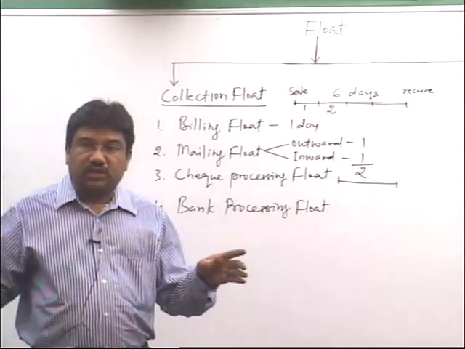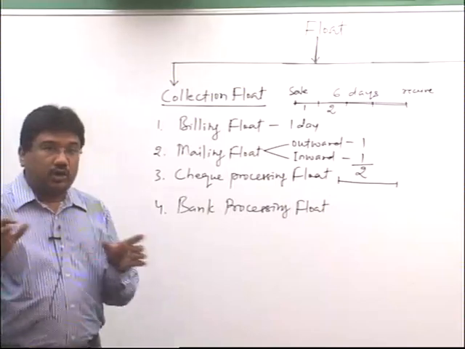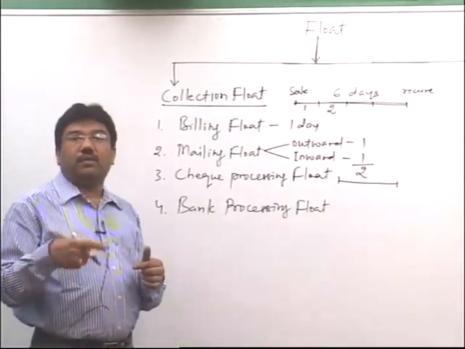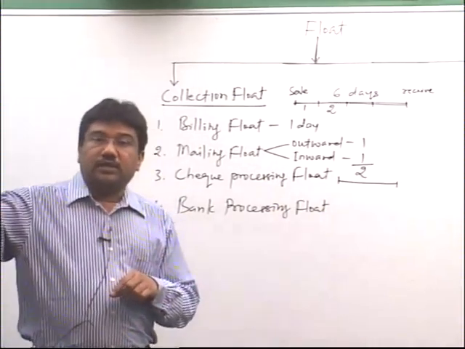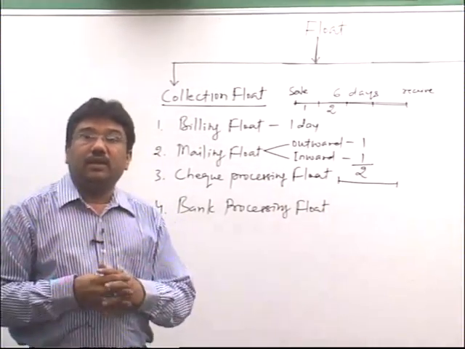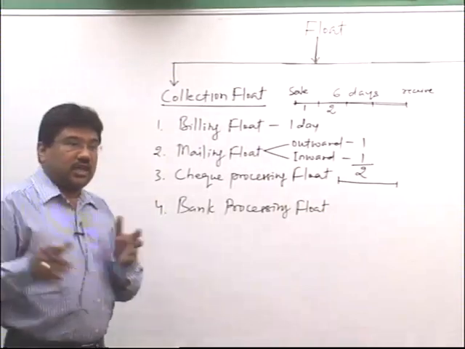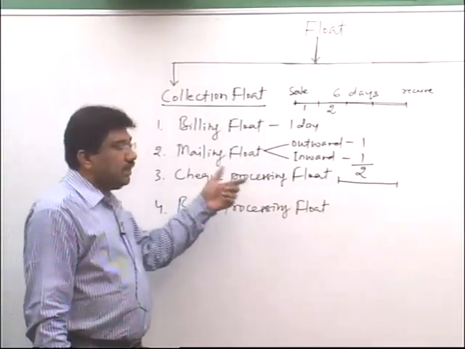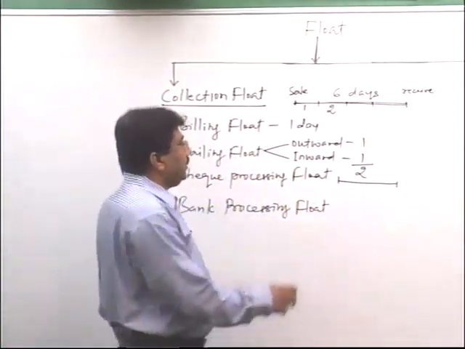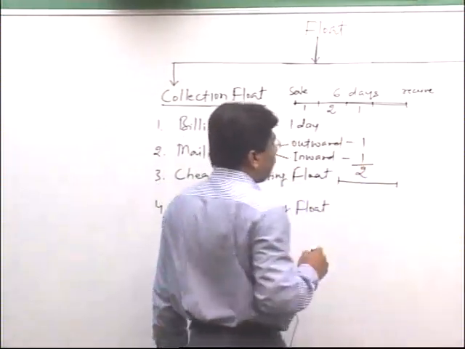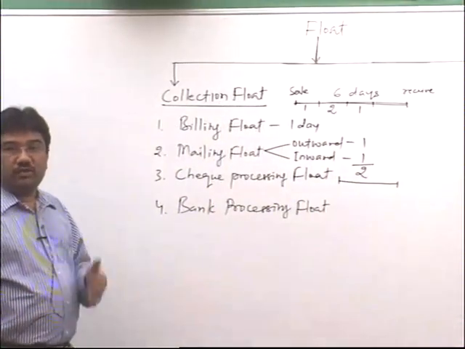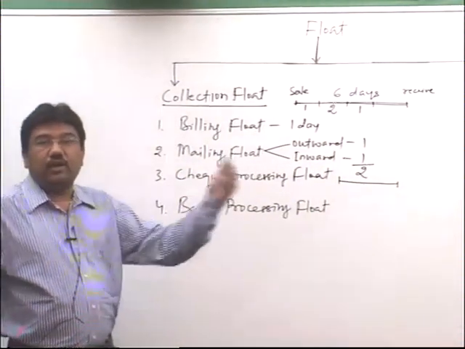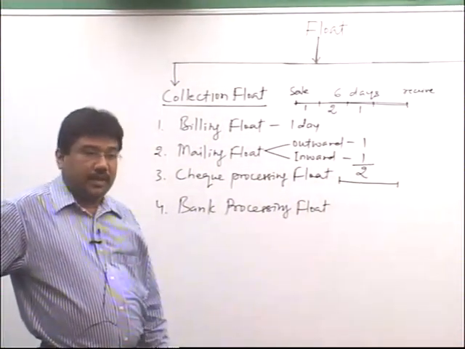These 3 types of check you have to segregate, sort out, and thereafter for each type you have to prepare a paying slip, and then drop these 3 types of checks separately in the check boxes kept in the bank. So this may take some time. Suppose it takes 1 day. So check processing float is of 1 day. Means the day on which you receive the check, after 1 day you are depositing it into the bank.